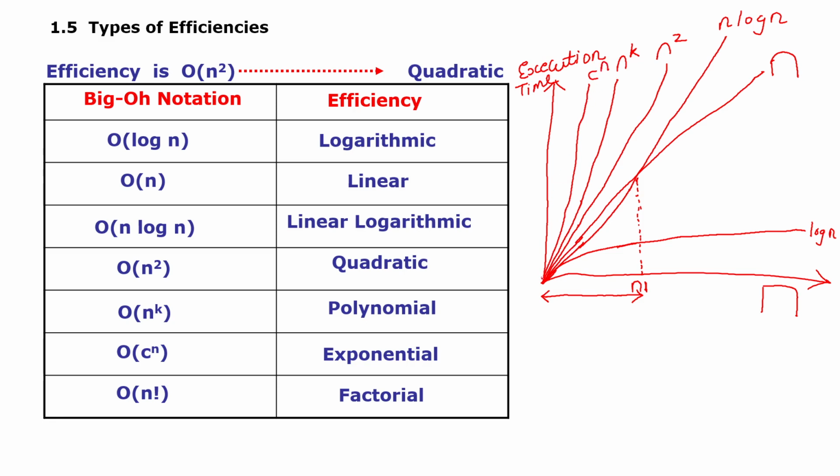And finally, you have the graph of factorial, which is almost parallel to the y-axis, this way. This is the graph of factorial, almost parallel to the y-axis. One thing you have seen, that when we went from logarithmic to factorial, the graphs became more and more inclined towards the y-axis.